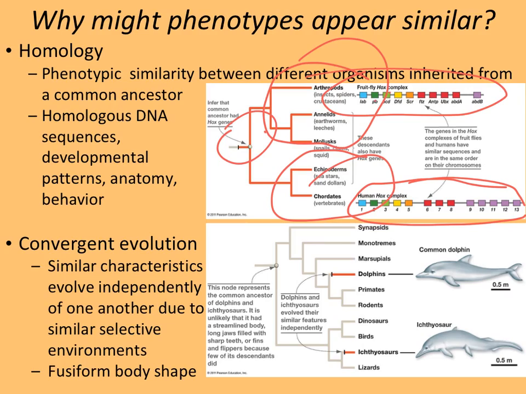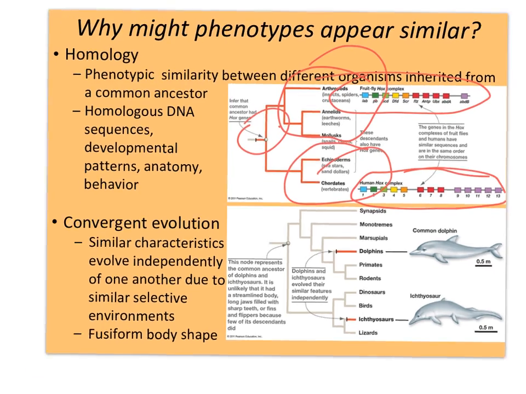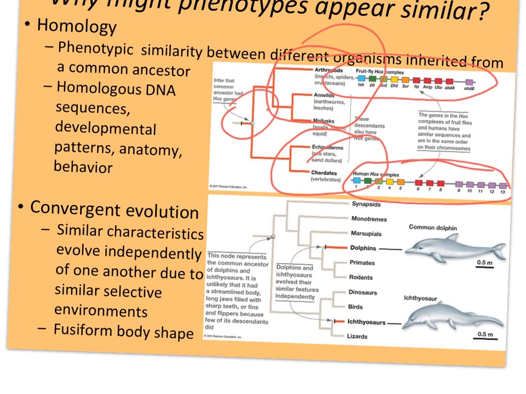Now, this is convergent evolution on the bottom here again. We saw this earlier. Common dolphin, and then ichthyosaur. Look very similar. Well, they both live in marine environments. They probably both ate the same kind of food. They were chasing fish and stuff like that. They have similar body types because they filled the same niche.